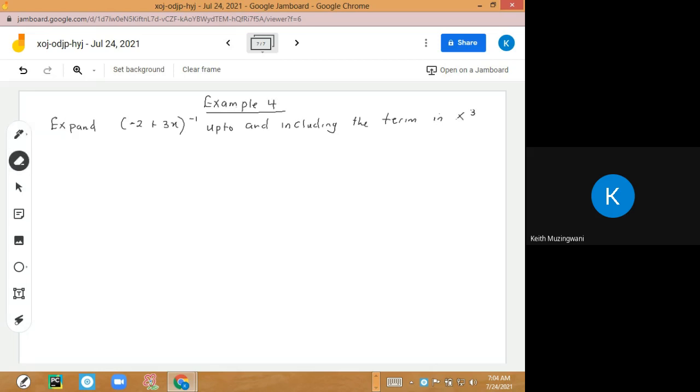So the term is refusing to be written here. The term in x cubed. Okay? Solution.